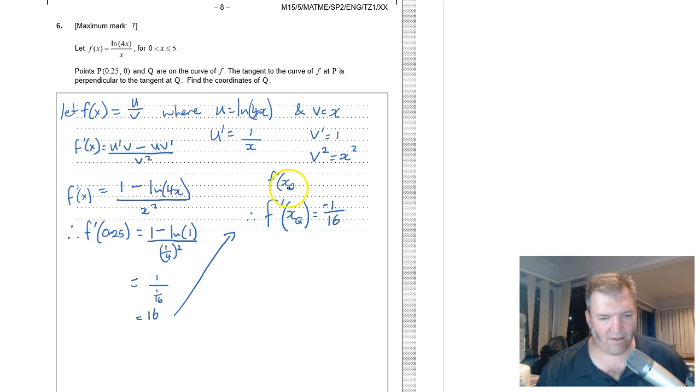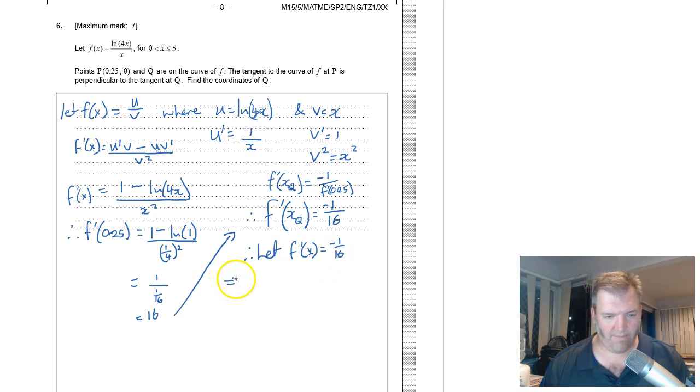So f dash of x for the x coordinate of Q is equal to -1 over f dash 0.25. Okay, so now I just have to find where the gradient is equal to -1/16. And that will let me find the x coordinate. Let f dash of x equal -1 on 16.